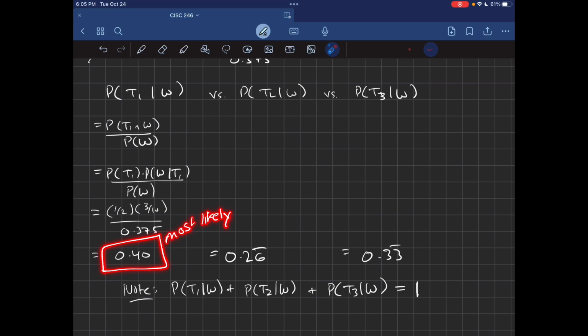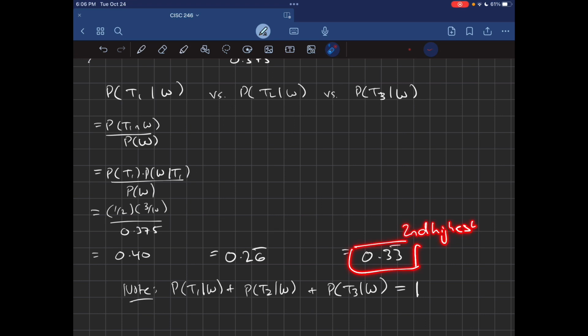So given you won, the probability that you faced a T1 is highest of the three types of players. Notice that this is the second highest, so it's not far off, especially considering that these two types have the same level in the population.